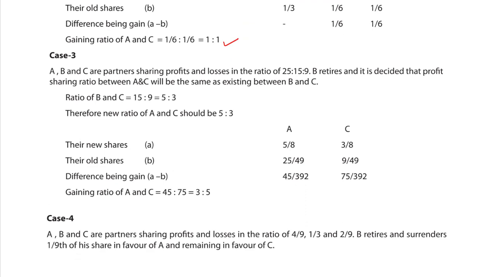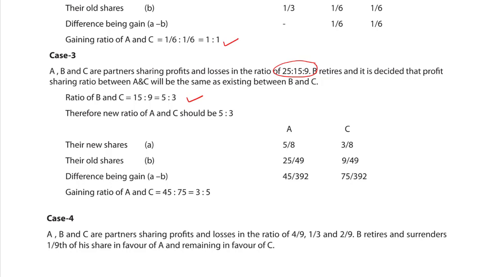Case 3. A, B and C are partners sharing profits and losses in the ratio of 25 is to 15 is to 9. B retires and it is decided that profit sharing ratio between A and C will be the same as existing between B and C. Ratio of B and C is 15 is to 9 equals 5 is to 3. Therefore, new ratio of A and C should be 5 is to 3.